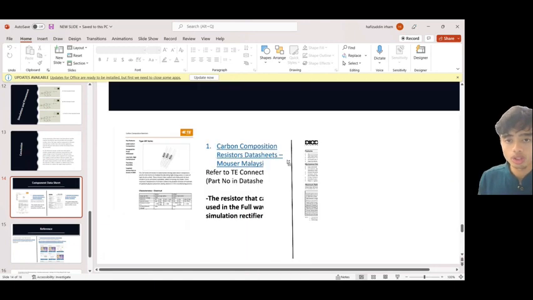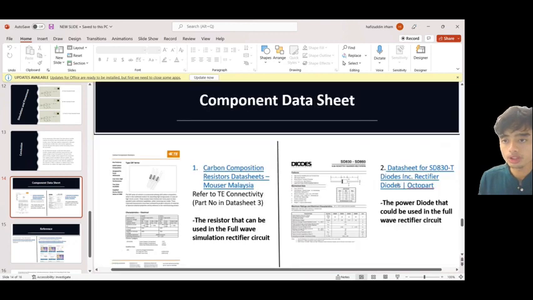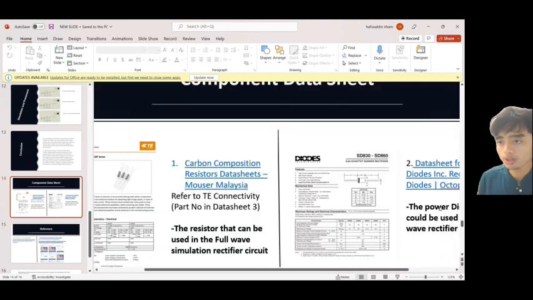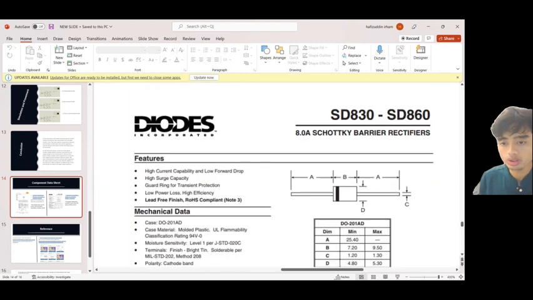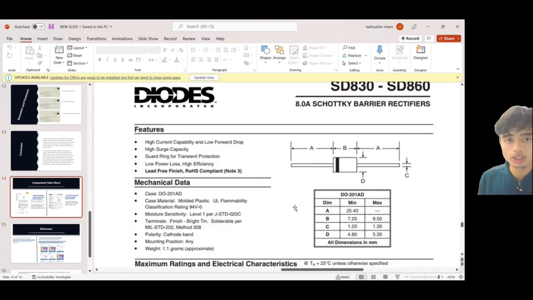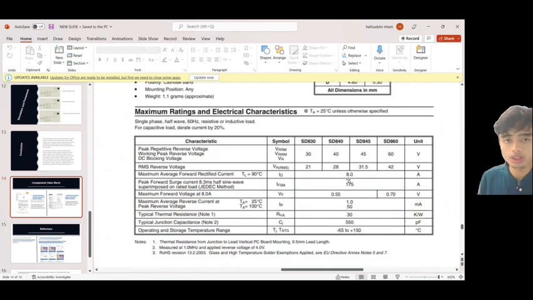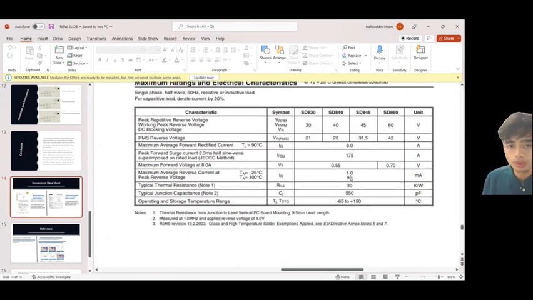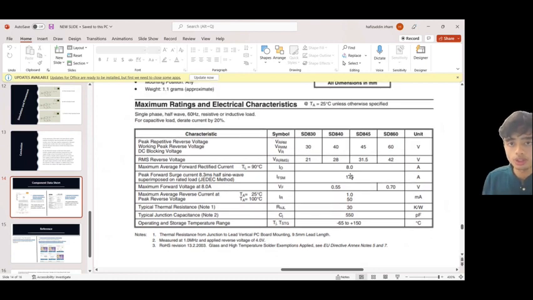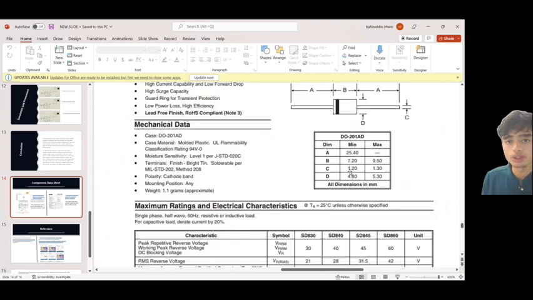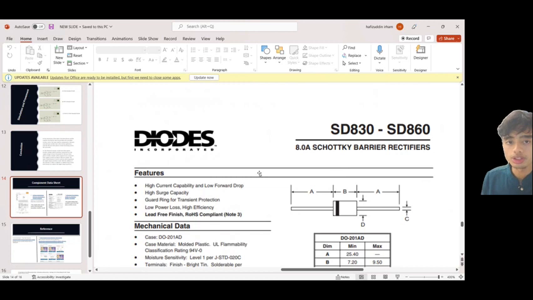And also we have a datasheet about rectifier diodes that can be used in the rectifier circuit. And this is a few pieces of information about the rating of the diode. This datasheet is provided by Diodes Incorporated.